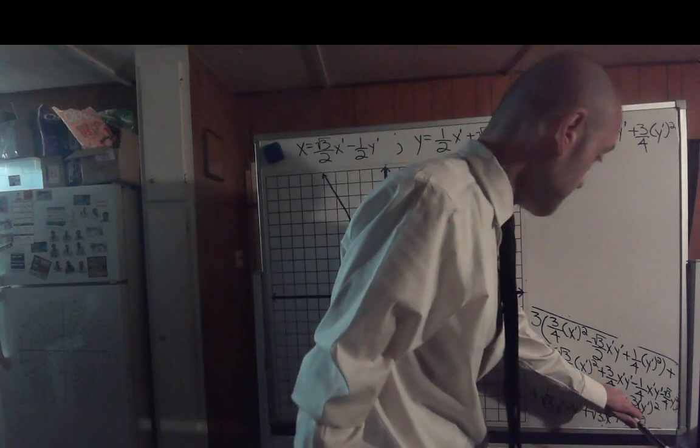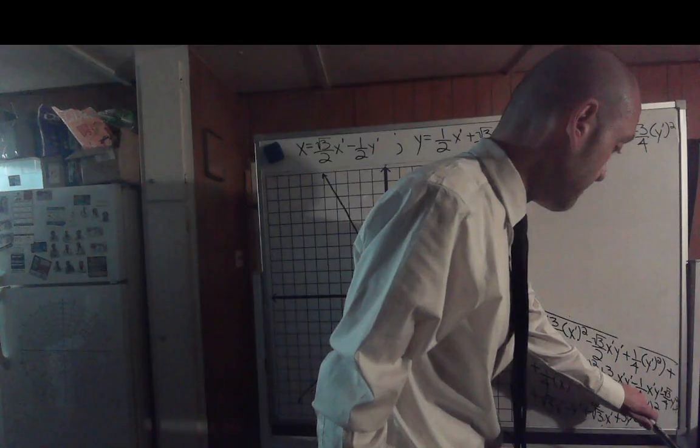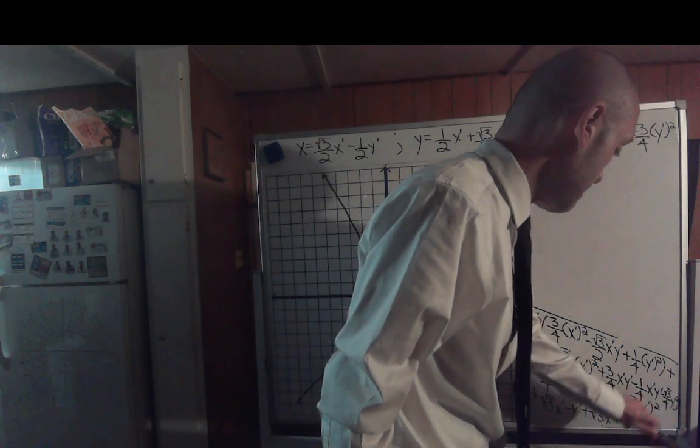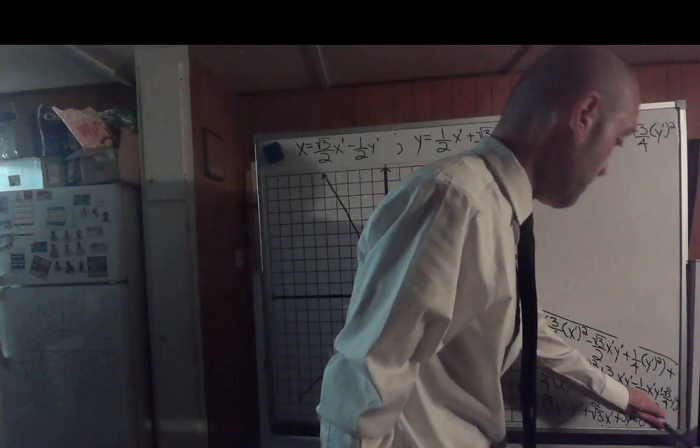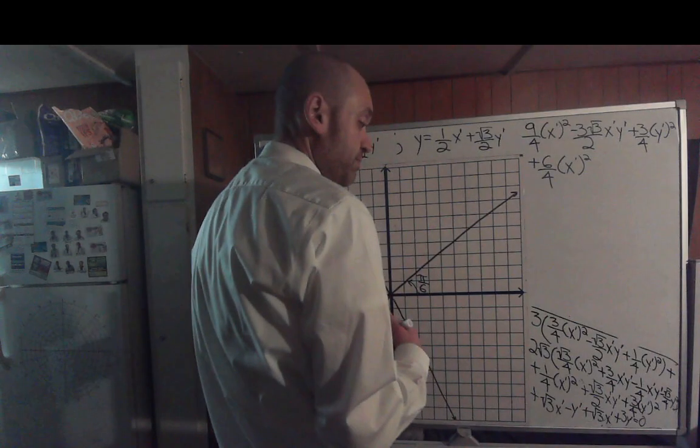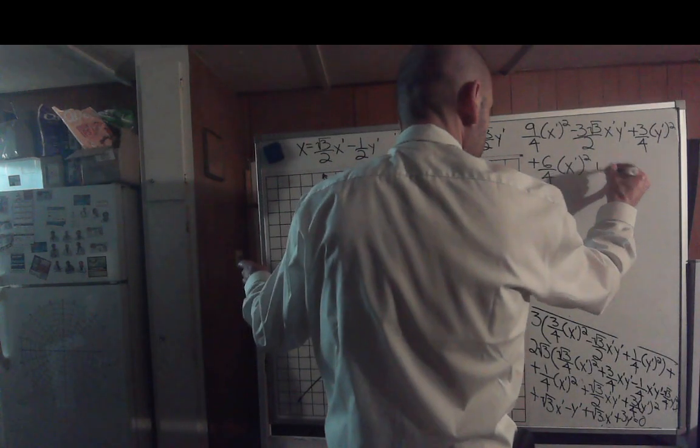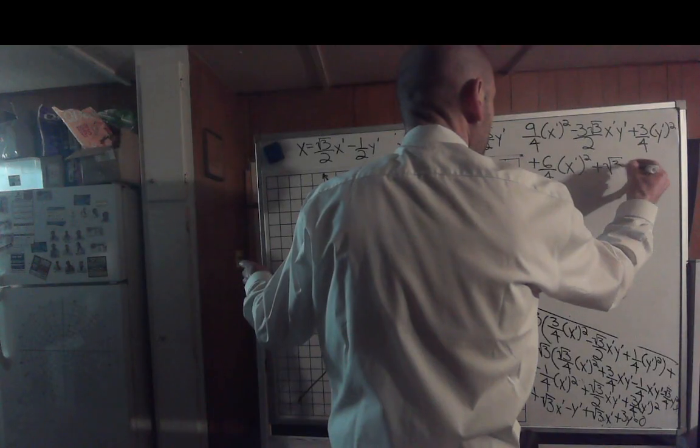Now 3/4 x prime y prime minus 1/4 x prime y prime. That's 2/4, which would be 1/2 of x prime y prime. Well, half of the square root of 2 times the square root of 3, that's just plus square root of 3.